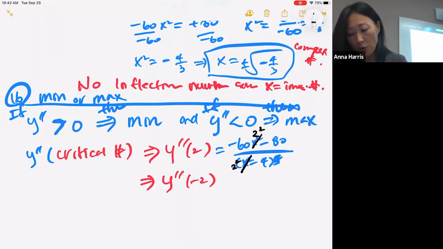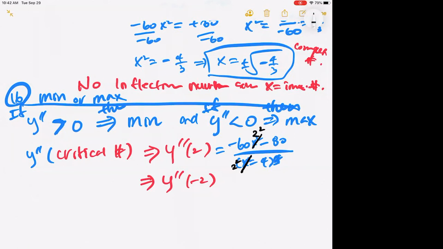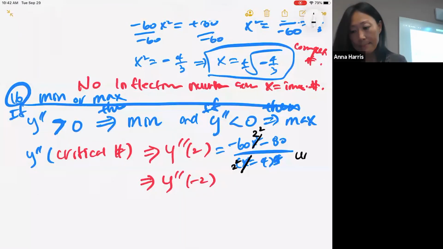That will give you 0, so it's undefined. And same thing for here. So at this point, you cannot tell whether it will have a maximum or minimum. So at this point, it's what? Undefined.